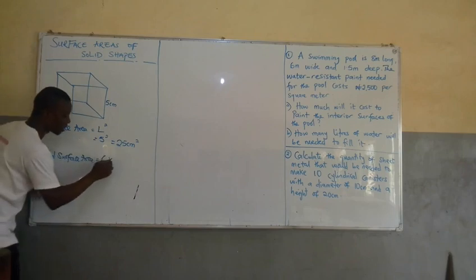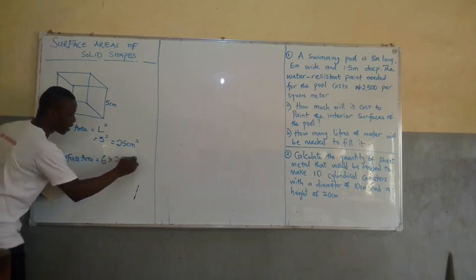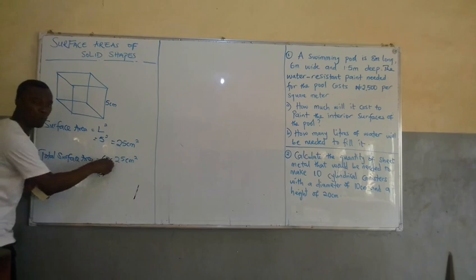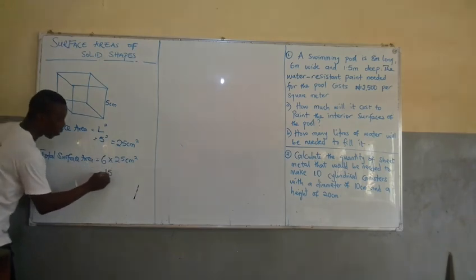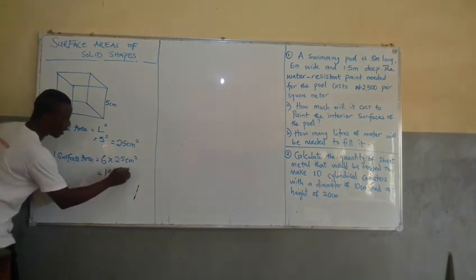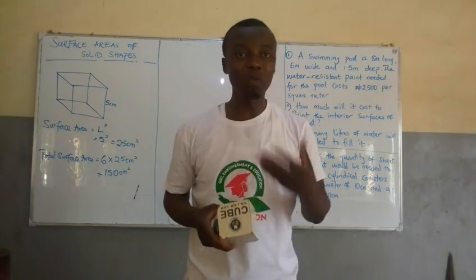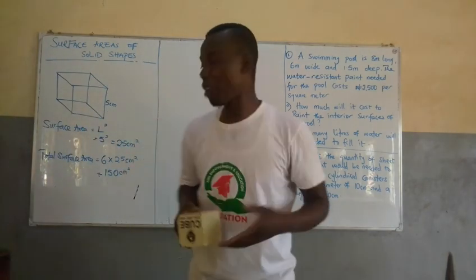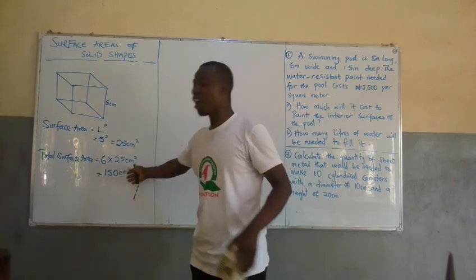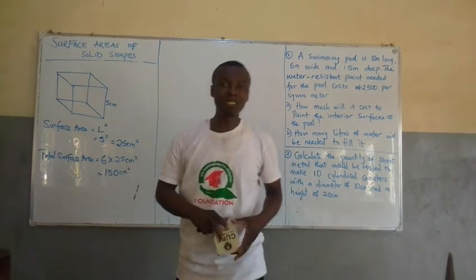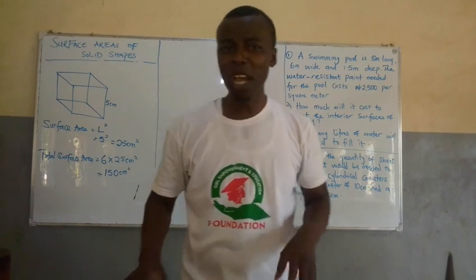So that simply means 6 times 25 centimeter squared. And when we multiply this, that gives us 150 centimeter squared. So the total surface area of this cube is 150 centimeter squared. I believe you understand what I'm trying to say.